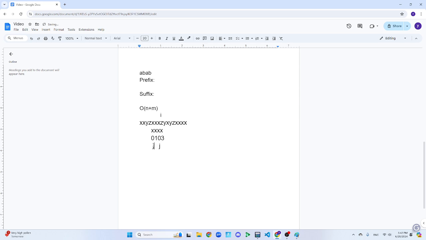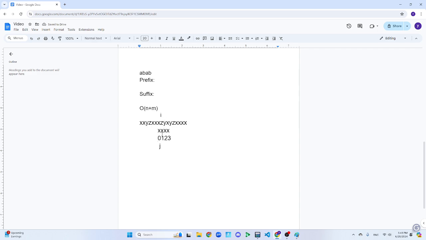But currently the J is 2, so it will be here. So it will just move to the position given by the next array. Now we compare these two, which are obviously not the same. So J goes back one block, and it's 1, so it's this X. And then we compare again.